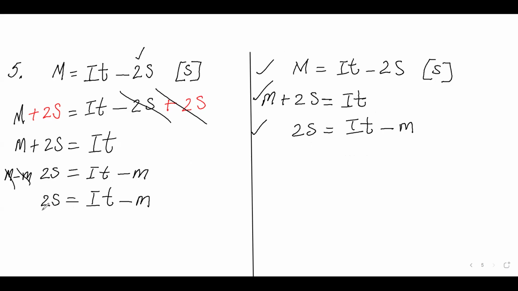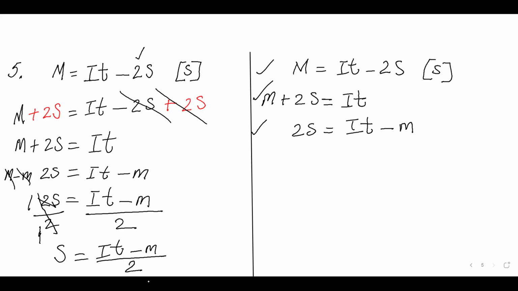Then we divide by 2. Whatever we do on one side, we do on the other. So we cancel it out, 2 over 2, 1 over 1. So S is equal to IT minus M over 2. You all are not working in steps. I'm not sure why.